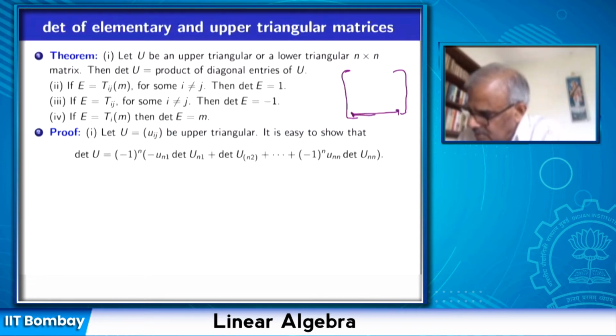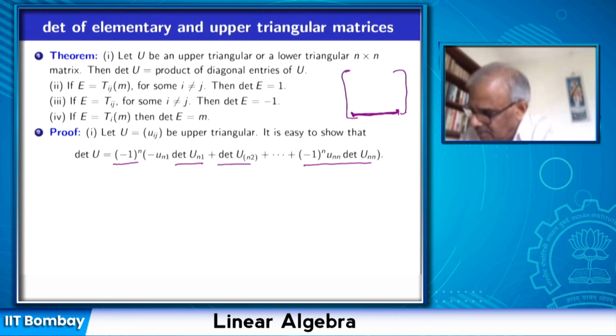I proved the existence of the determinant function by using the first row. In the same way, I can use the last row of a matrix. Then according to the signs, I will have (-1) to the power n+1 times un1 determinant of Un1, then un2 times determinant of Un2, and finally unn times determinant of Unn.